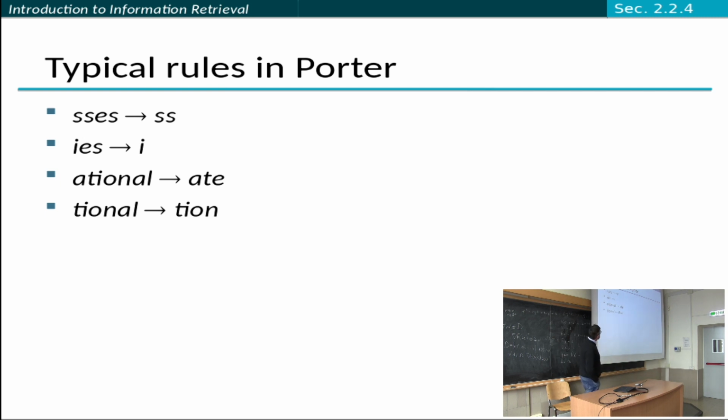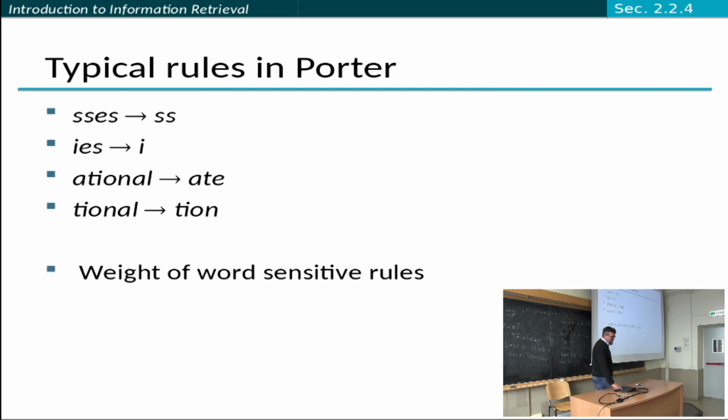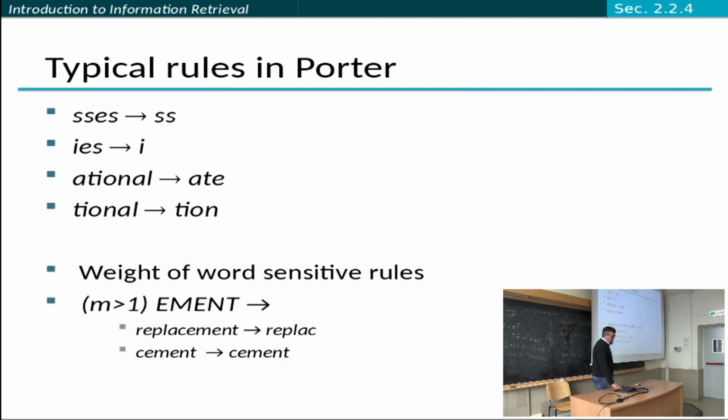Rational to rate, and ational to ate, and those are the kinds of rules that you will apply. And then you might have sensitive rules. In this particular case, replacement will be mapped into replace, and so on. But again, we don't want to go into the details of that. We will see later in the example I show you on NLTK how simple it is to apply the Porter stemmer.